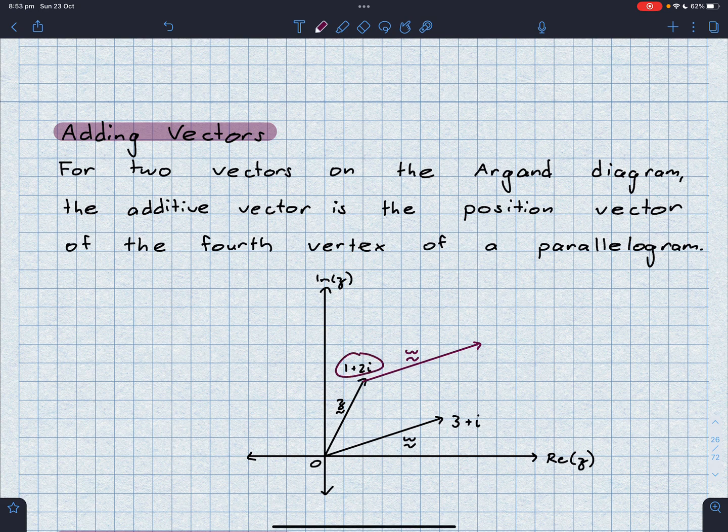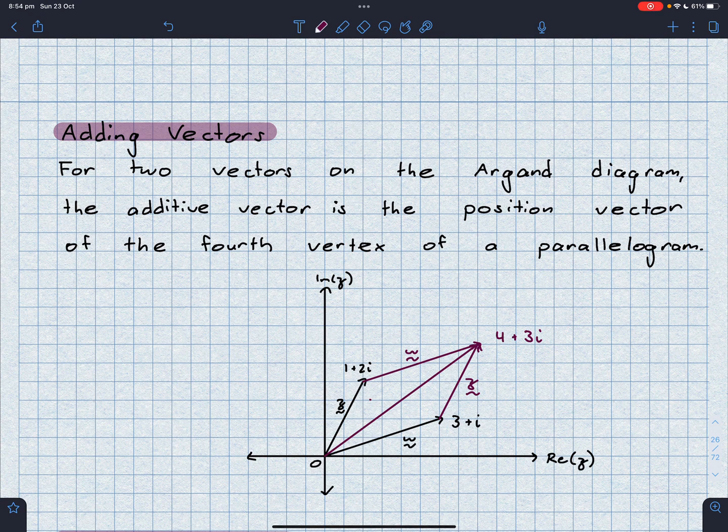So if I have 1 plus 2i plus 3 plus i, I know that's going to be 4 plus 3i, and its position vector is just the diagonal of that parallelogram. And I could get the same thing by adding z onto w, putting that head to tail. So when I add them, I get the fourth vertex of a parallelogram, if I include the origin as one of those vertices.